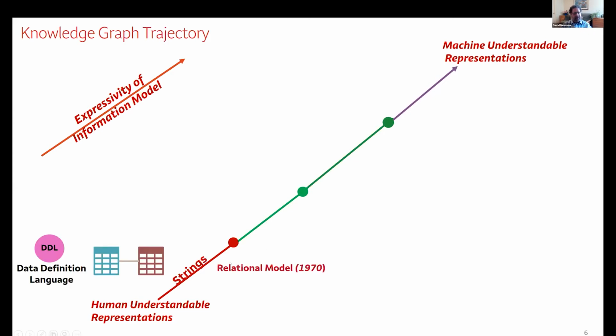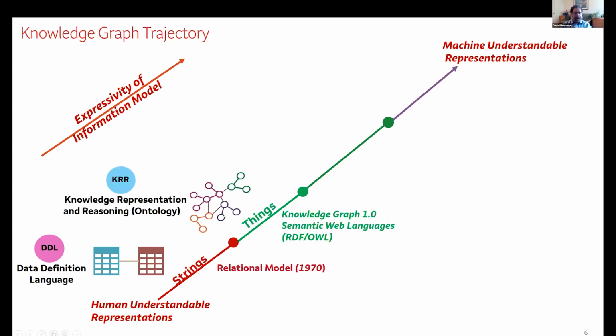Back to 1970, we start with the relational model, where we have tables and columns. Tables represent entities and columns represent attributes, and you have to know the physical model of the table in order to figure out what you're going to connect.